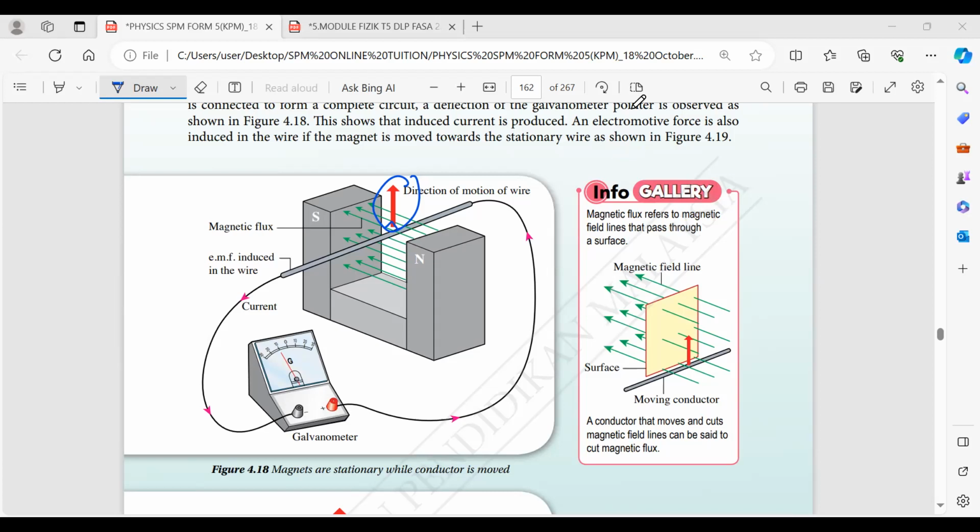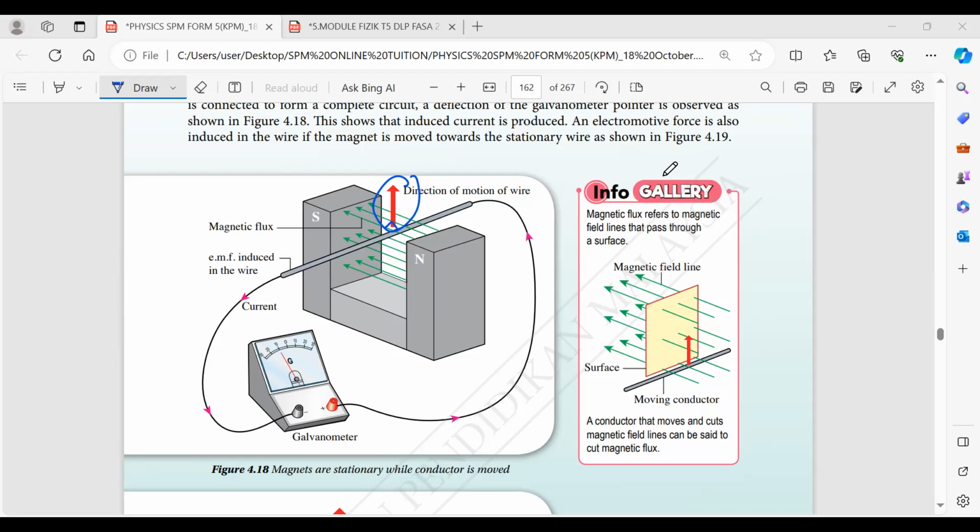But if the conductor cuts at an angle other than 90 degrees, can the magnetic field still be cut? Yes, it can. The only angle at which it cannot cut the magnetic field is when it is parallel.